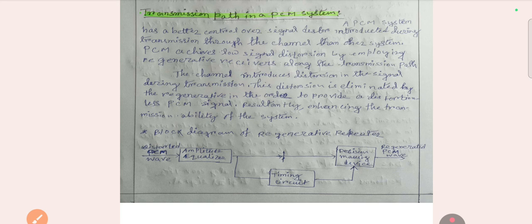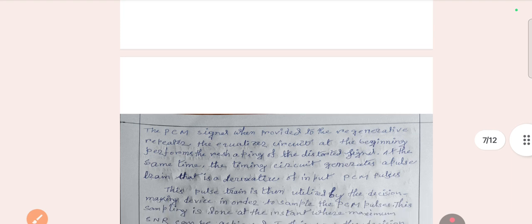Block diagram of regenerative repeater: distorted PCM wave, amplitude equalizer, decision-making device, timing circuit, regenerated PCM wave. When the PCM signal is provided to the regenerative repeater, the equalizer circuit at the beginning performs the shaping of the distorted signal.